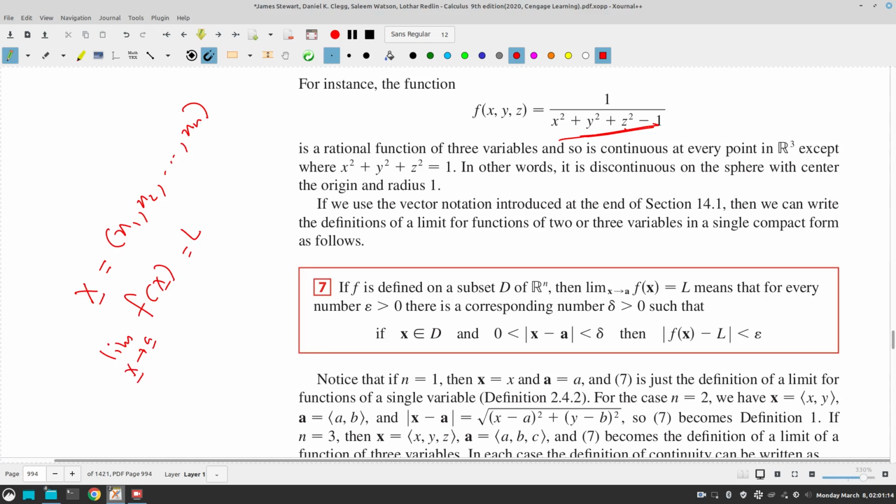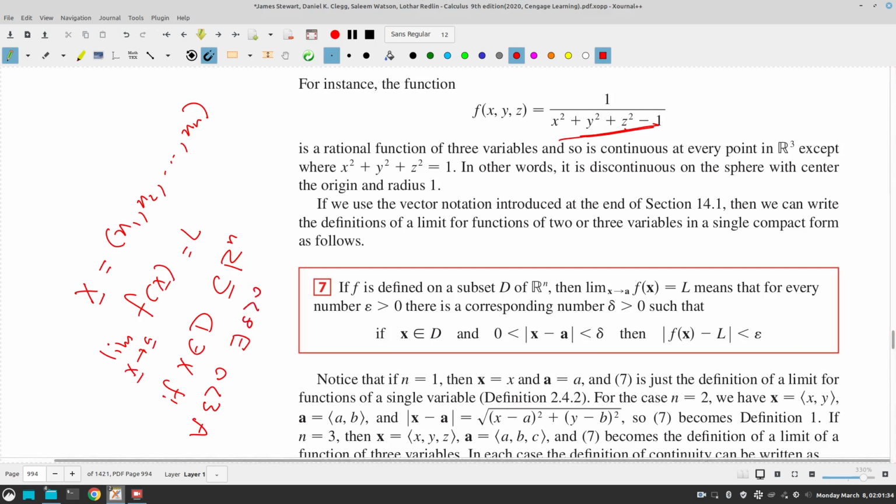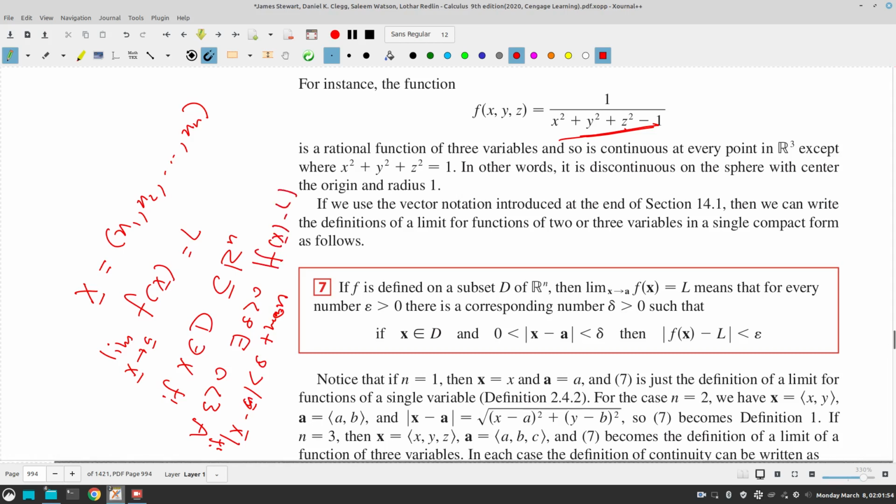This means that if x is part of D, where D is of course a subset of Rⁿ, then for every epsilon greater than 0, there exists a delta greater than 0 such that if the distance between the vector x and the vector a is less than delta, then |f(x) − L| has to be less than epsilon.